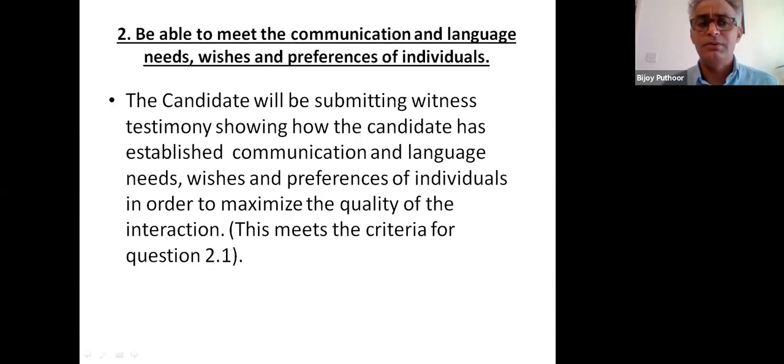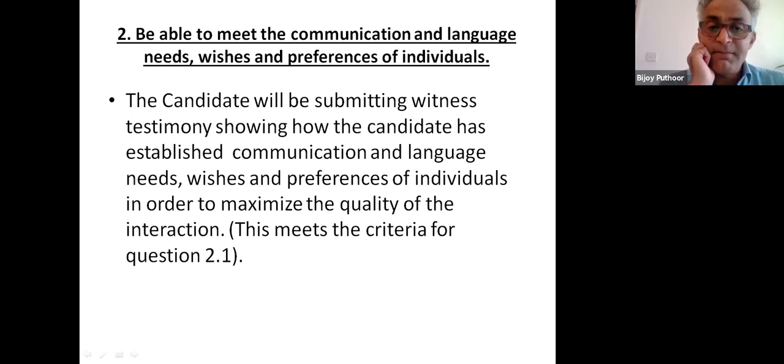In unit number 1, the section number 2 says, be able to meet communication and language needs, wishes, and preferences of individuals. The candidate will be submitting a witness testimony showing how the candidate has established communication and language needs, wishes, and preferences of individuals in order to maximize the quality of interaction.